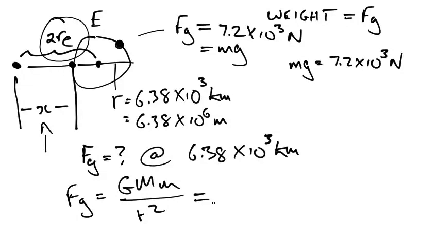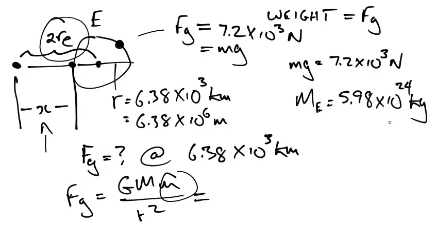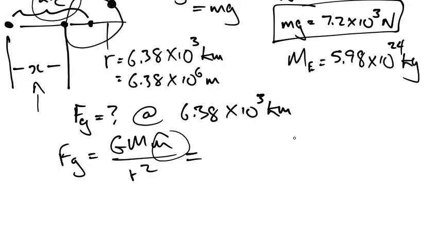The thing is that I don't know the mass of the spaceship. I know the mass of the Earth: 5.98 times 10 to the power of 24 kilos. But what about the mass of the spaceship? I haven't been given that, have I? Well, indirectly I have. Just a little bit more work. The mass of the spaceship is equal to 7.2 times 10 to the power of 3 newtons divided by g, which is 9.8 on the surface.